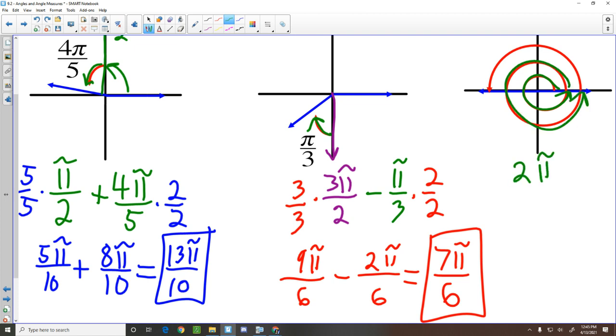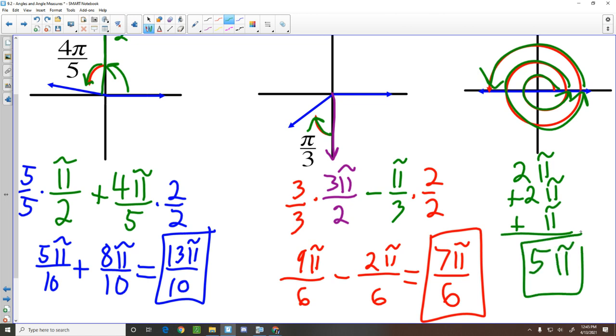I'm going another full rotation, which is 2 more pi. But then after I added those, this is only half that way, plus just 1 more pi. You add those up, and you just get 5 pi, right? Each complete rotation is 2 pi, but that last half a rotation is only 1 pi, because that's half of 2.